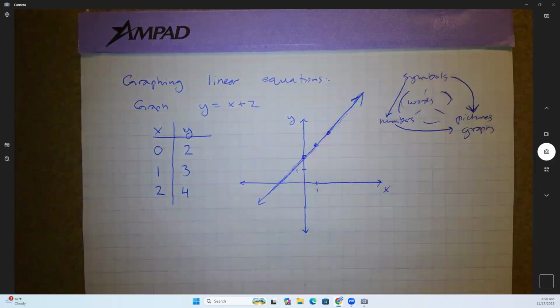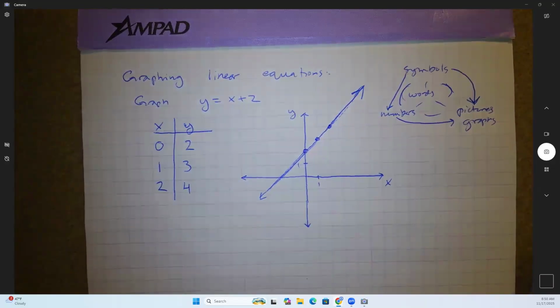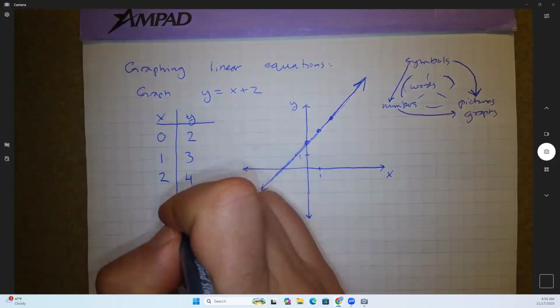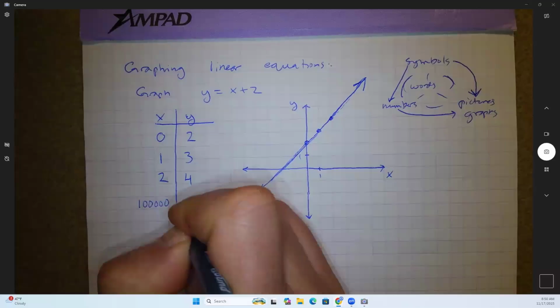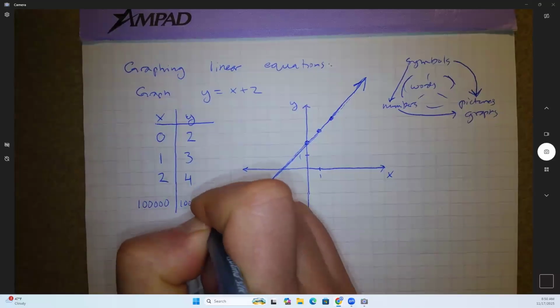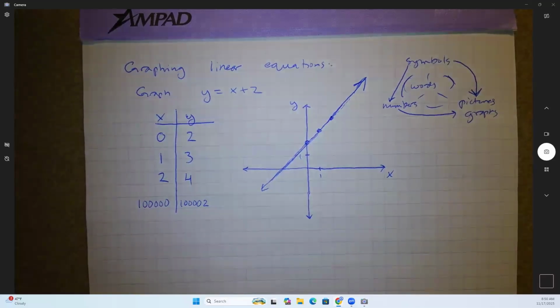We put arrows at the end because the options for x go all the way from negative infinity to positive infinity. And if I come back to my table, I could put 100,000 in for x, I'd get 100,002 for y.